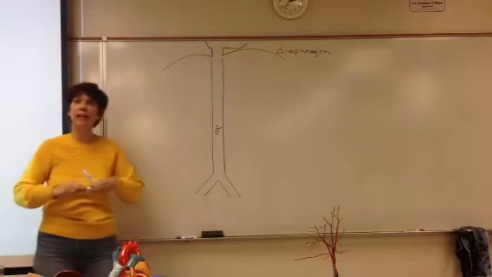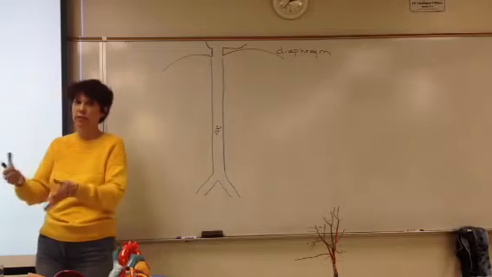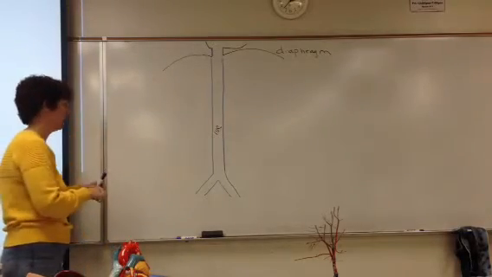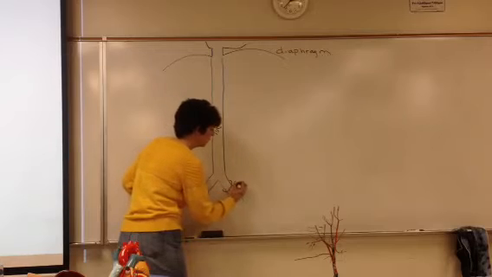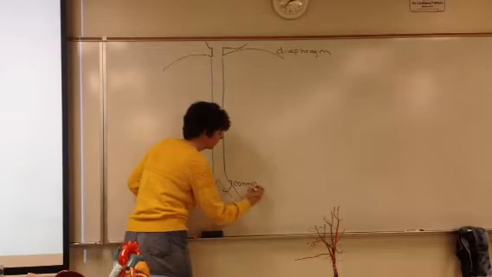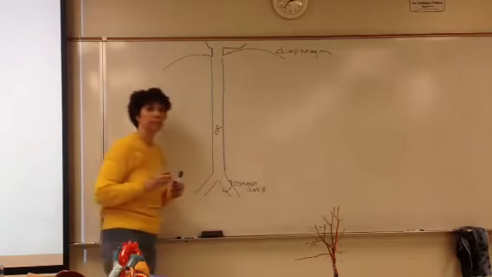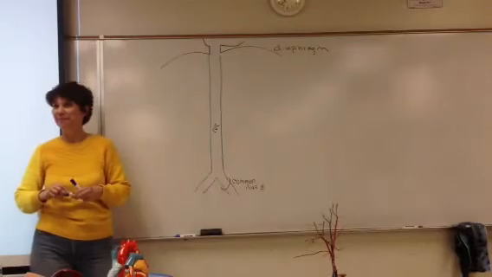Okay, the inferior vena cava is to the right of the aorta, because it's draining into the right side of the heart. It is formed by the union of two common iliac veins, and goes up and drains into the right atrium.